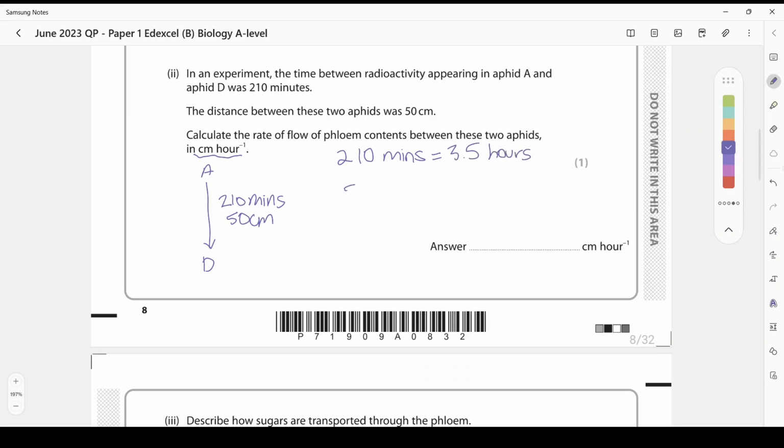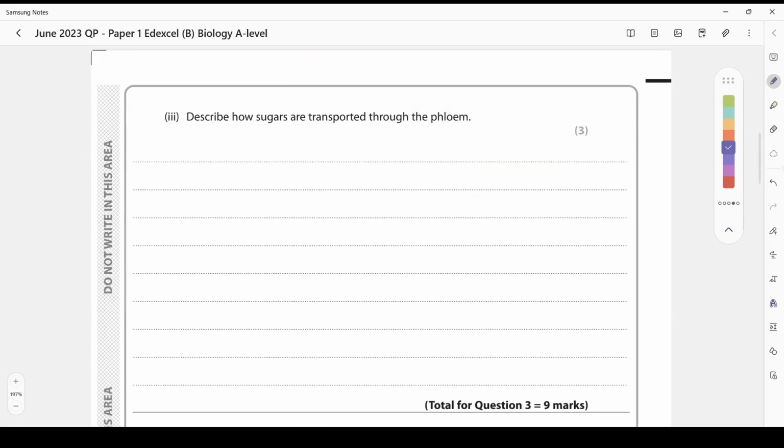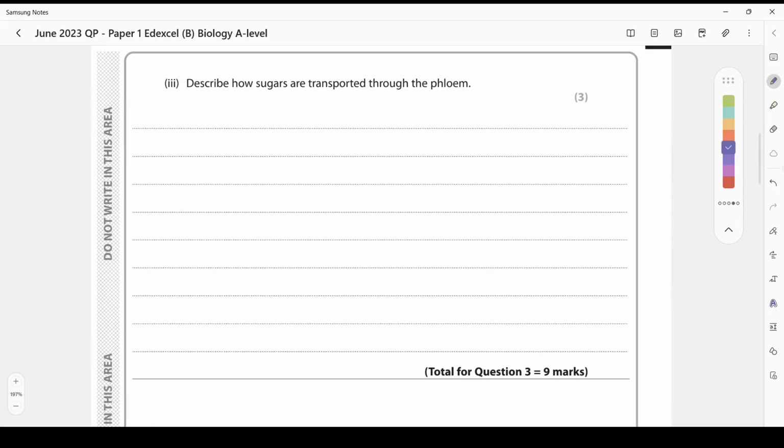And then we would do 50 divided by 3.5. That would give us 14.29 centimeters per hour.